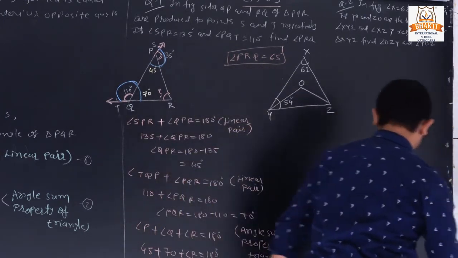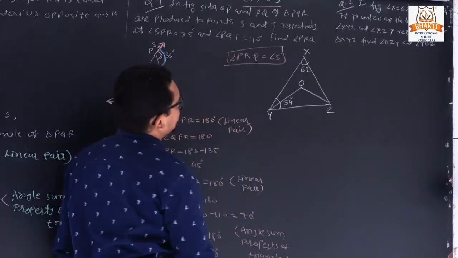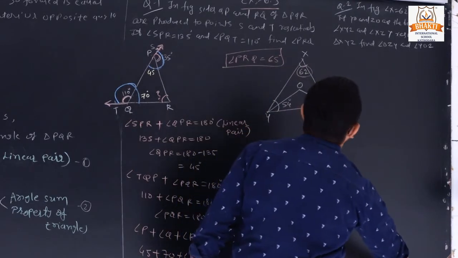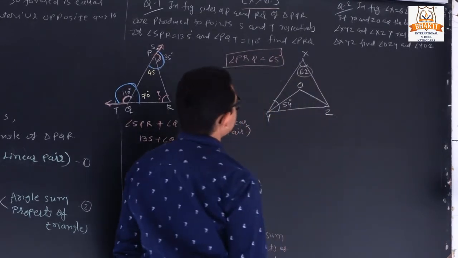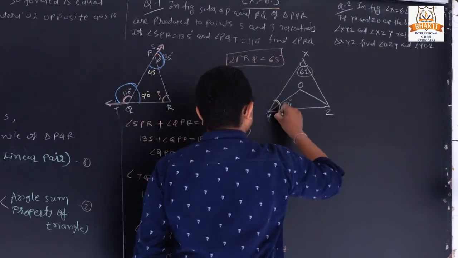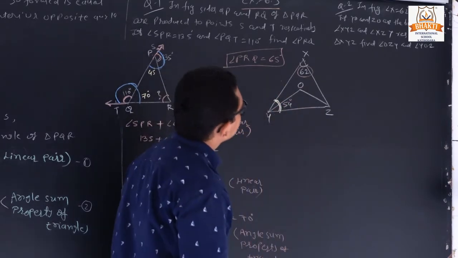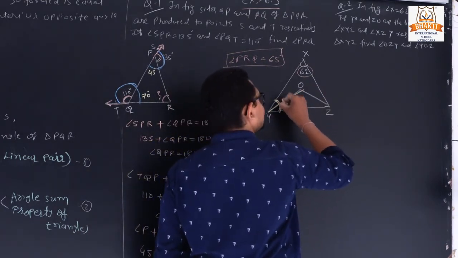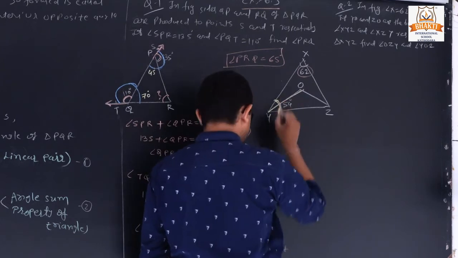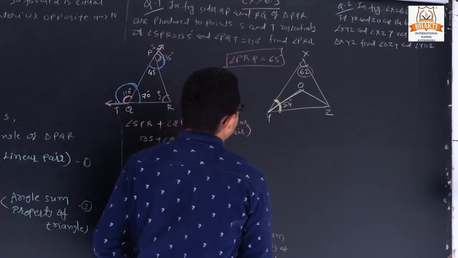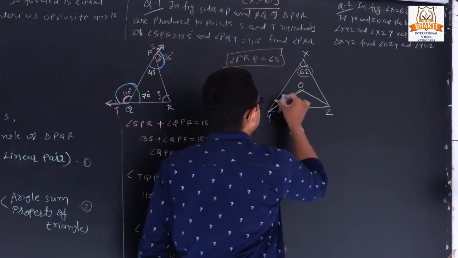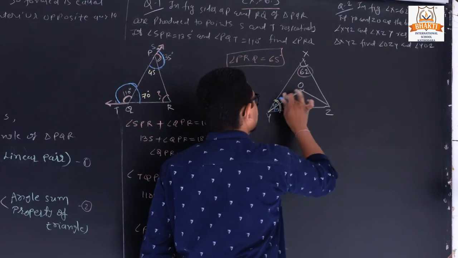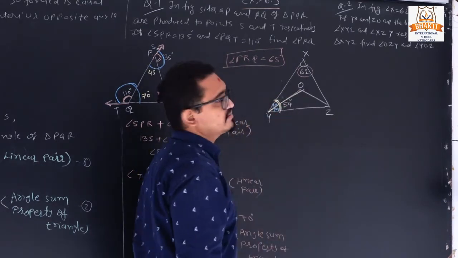Now you can see that in the figure X is 62, and XYZ is 54 degrees. And YO and ZO, so YO is a bisector. So if it is 54, these both angles are 54 divided by 2, so it is 27, 27. So this is 27 and this angle is also 27, because it is a bisector line, that's why.